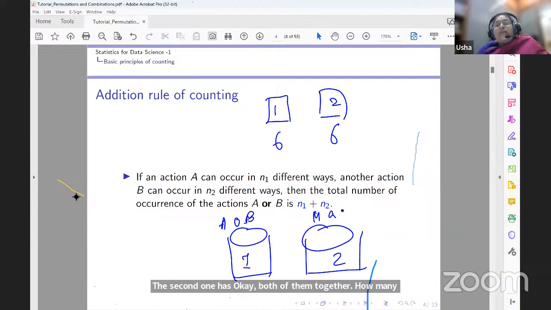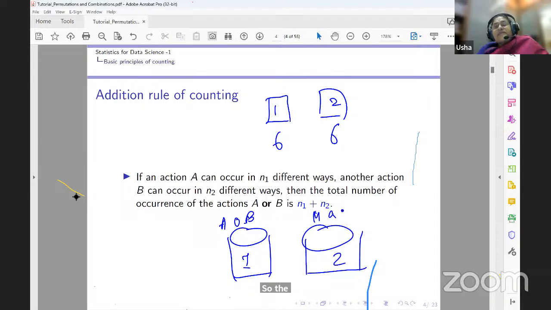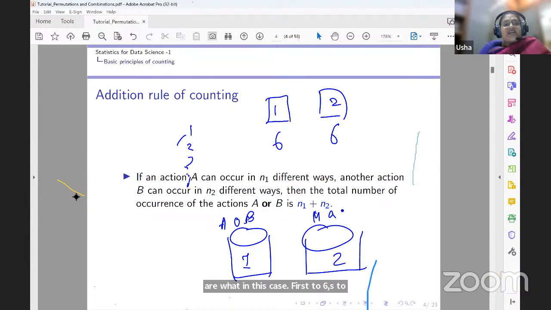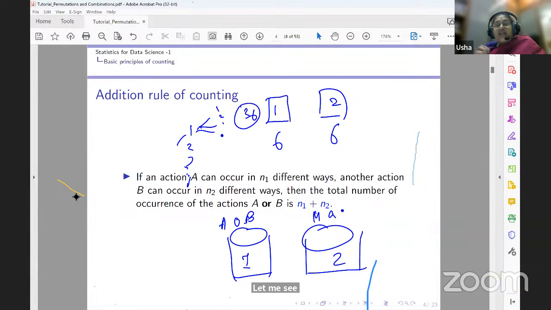So the total number of outcomes in this case: first is 6, second is 6. So I can have a 1, 2, 3, 4, 5, 6, or for each one of them, I can again have a 1, 2, 3, 4, 5, 6. So I get 36 possible outcomes if I'm rolling both of them together.